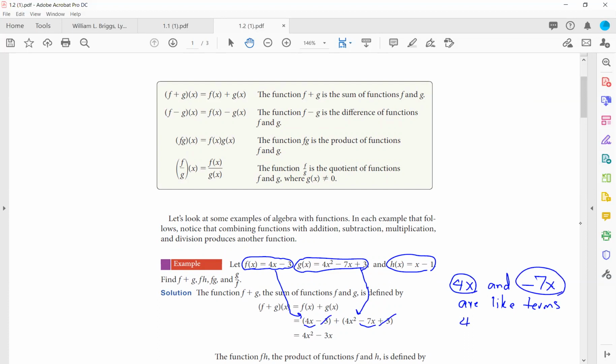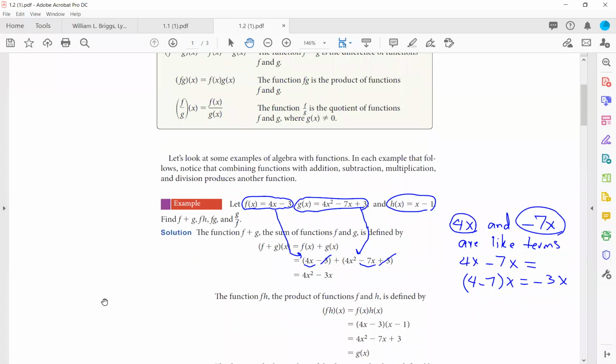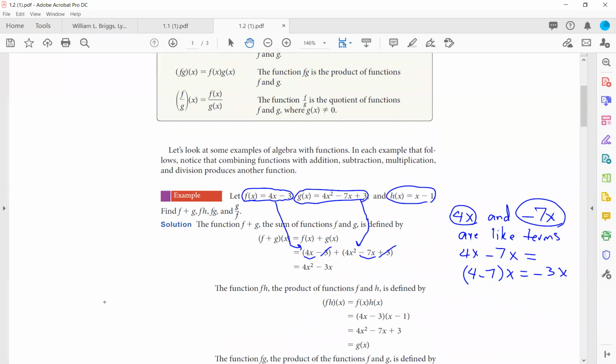So 4x minus 7x is equal to 4 minus 7 times x, which is negative 3x. So this is the sum of these two functions. So we're done with the sum.